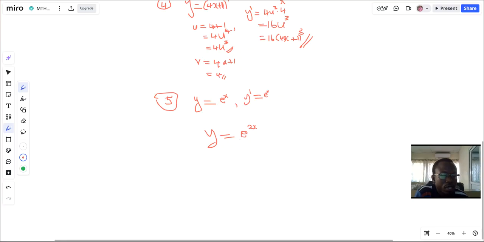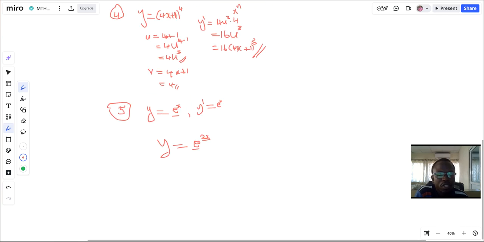Even e power x is a chain rule, because if you are asked to differentiate e power x, you are giving a function to e power x.